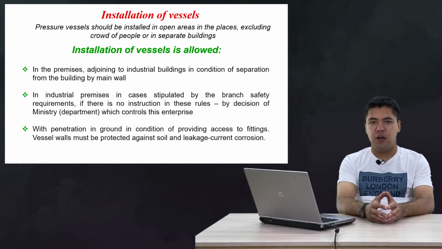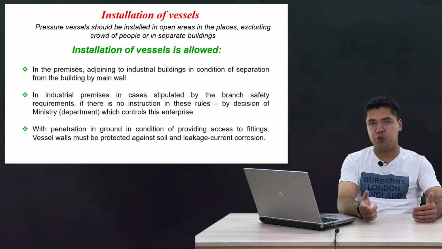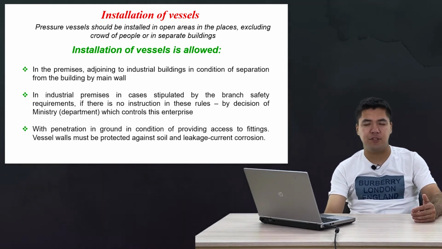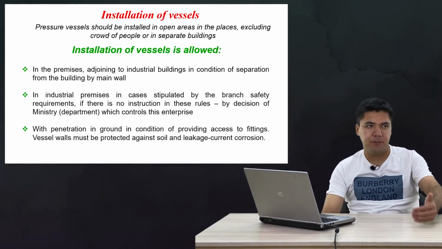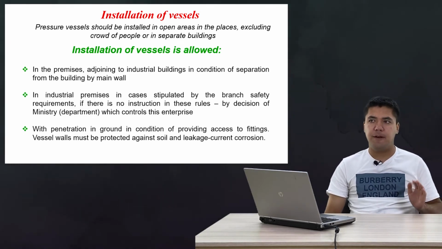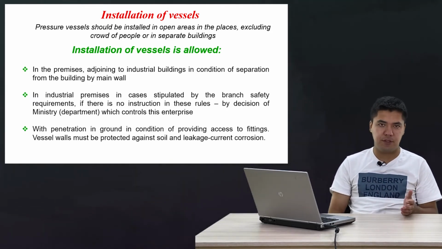Preferably vessels shall be installed in open air, but if a vessel is going to be installed near facilities, in close adjacent facilities, or near living blocks, for example, there are some points that we say are a must have for pressure vessels or pressure valves.